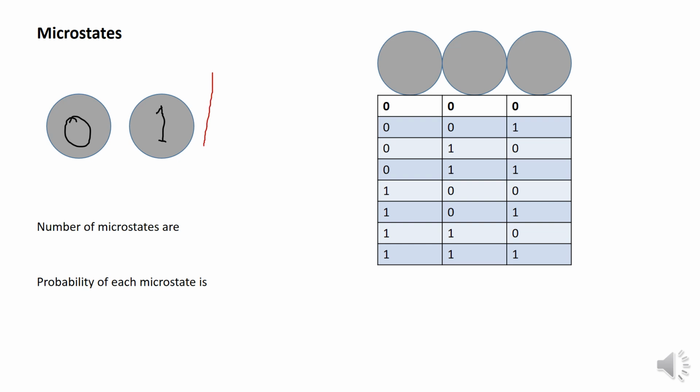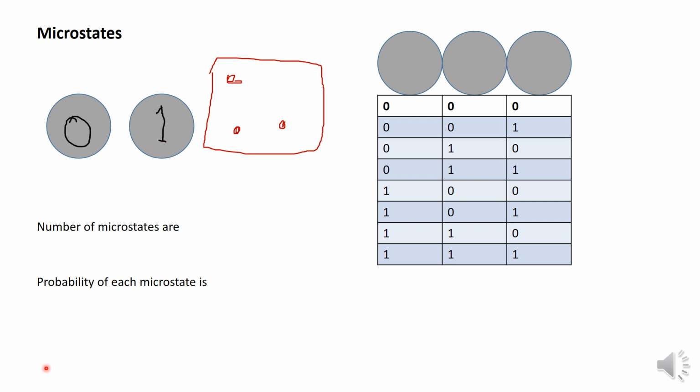Here again we have chosen 3 particles in a box, but there is a restriction that any particle can only choose velocity either 0 or 1. There is no way that a particle can choose velocity 2, 3, 5, 6. No, they can only choose from 0 or 1. There is a restriction on their velocities.